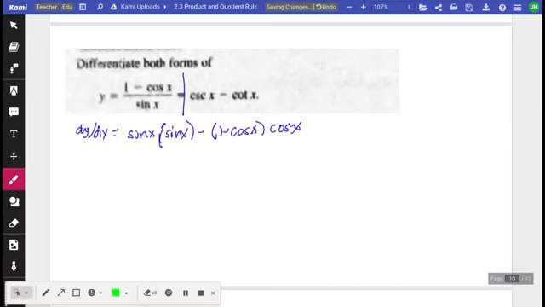Okay, just like that. And I can simplify the top, all over the square of what's below. And the top is sine squared x minus cosine x plus cosine squared x.